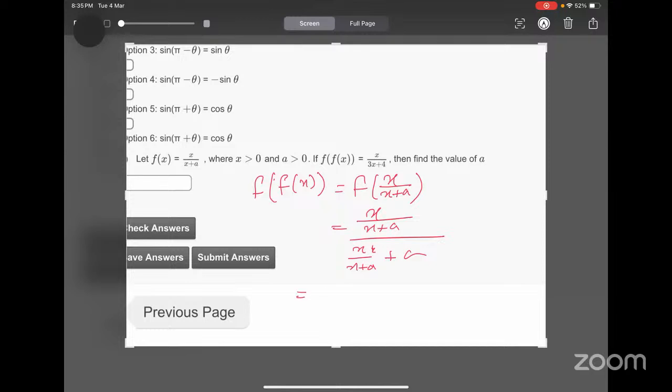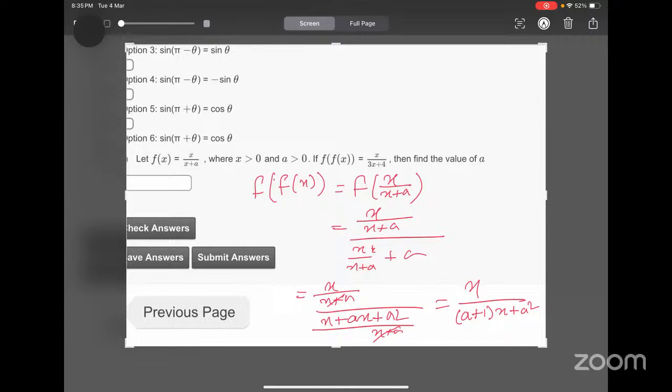Now we can simplify it. So x by x plus a, divided by x plus a x plus a square over x plus a, so this will be cancelled out. Then we will get x by (a plus 1)x plus a square. Correct?